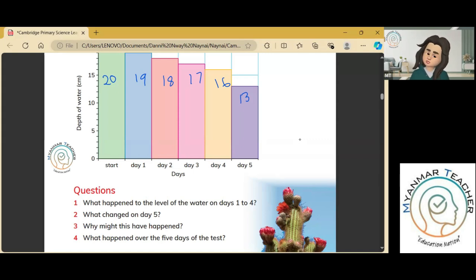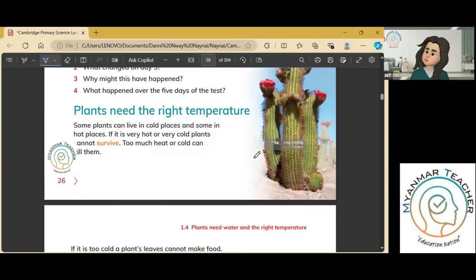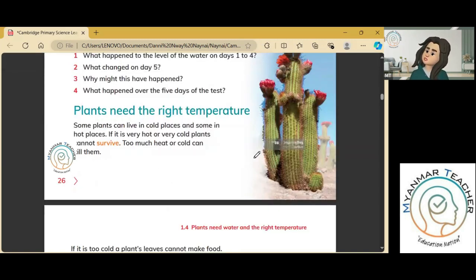Why might this have happened? This might have happened because there could have been a hole in the container, or the conditions may have been warmer. Number 4, what happened over the 5 days of the test? Over the 5 days, the depth of the water went down because the plant stem was using the water.